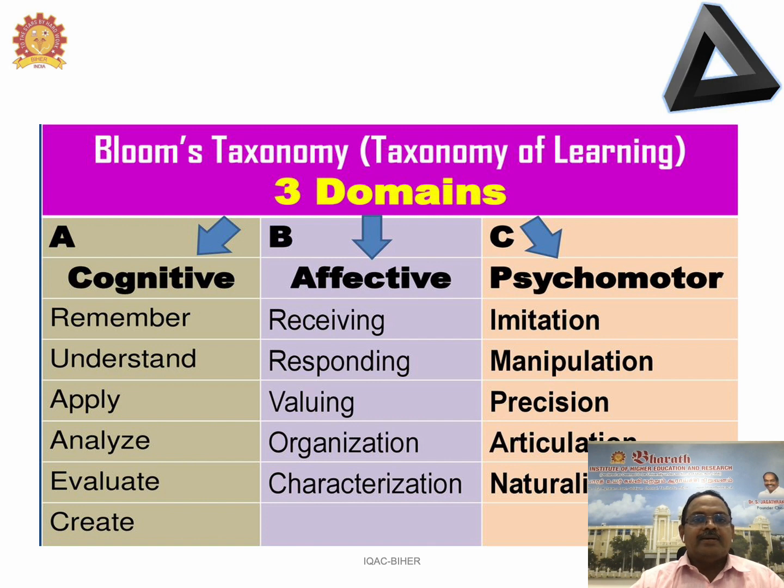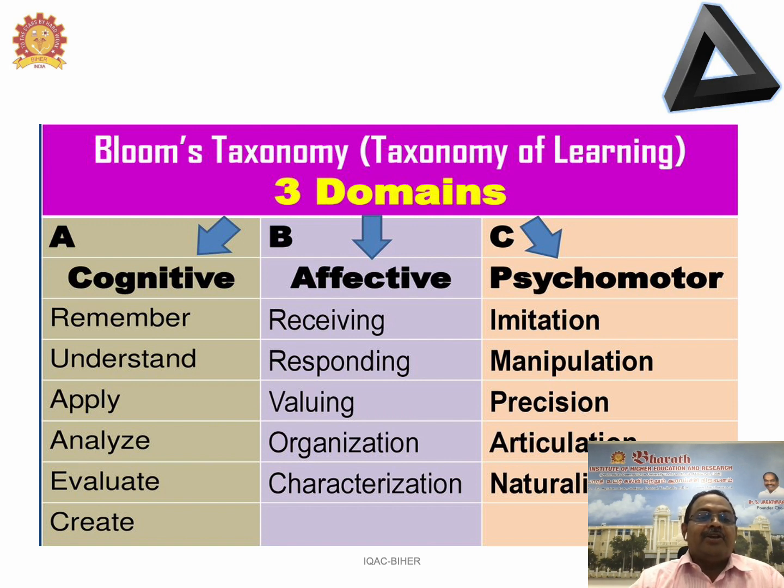As we said earlier, Bloom's taxonomy has three different domains: cognitive, affective, and psychomotor. The cognitive domain has 6 different layers and steps: remember, understand, apply, analyze, evaluate, and create.